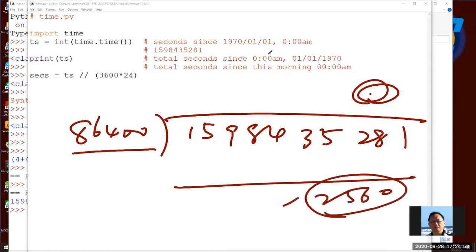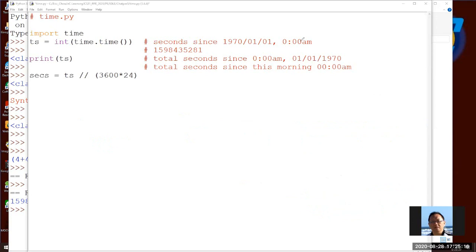This number would be the number of seconds since this morning. Is that okay? Yeah. But there may be a time zone problem, so let's try this one. So that's the total number of seconds since this morning, right?